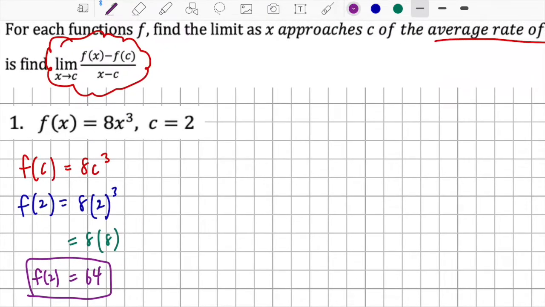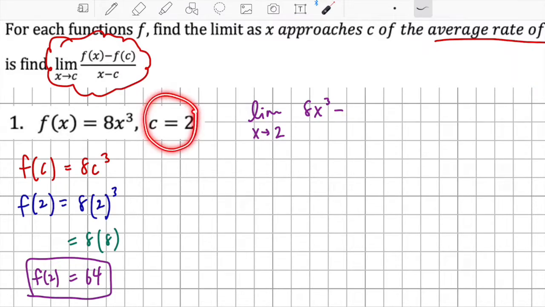Now, let's evaluate the limit. I'm going to start off by saying limit as x approaches 2, because my c is 2. So I'm replacing it there. And then notice in the average rate of change, we have f of x, which is our function, 8x cubed, minus f of c.